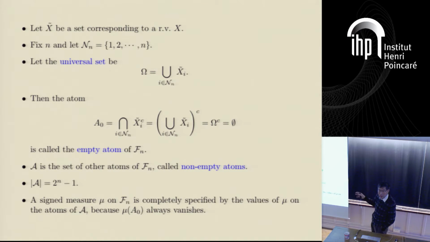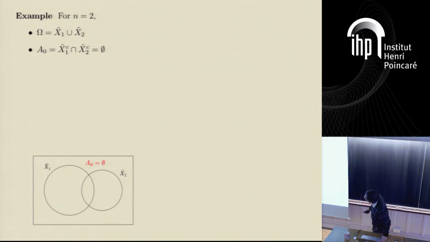The mu on the empty set is always equal to 0, so we don't have to talk about it. What it means is that for n equals 2, omega is equal to x1 tilde union x2 tilde, which means that this atom is empty. There's nothing outside the union of everything.